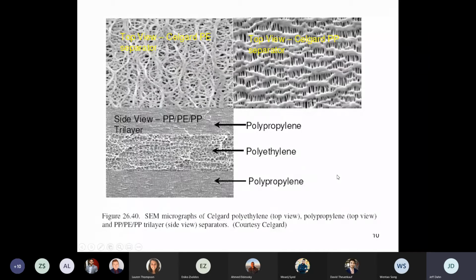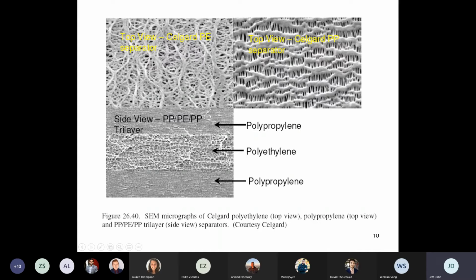And then later on, it became common to build this tri-layer with polypropylene on the outside, polyethylene in the middle, and polypropylene on the outside again. And you might wonder, why is this structure the way it is? To understand that, you have to know the melting points of polypropylene and polyethylene.